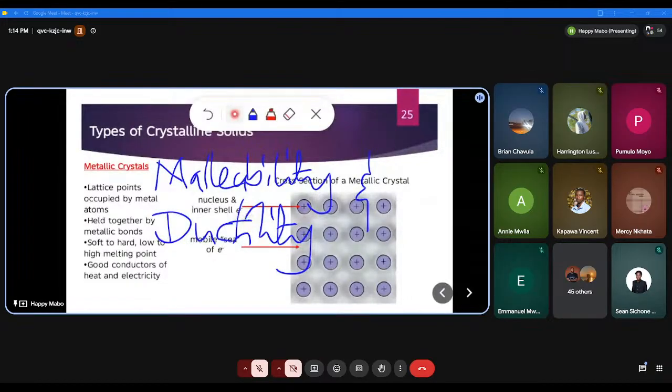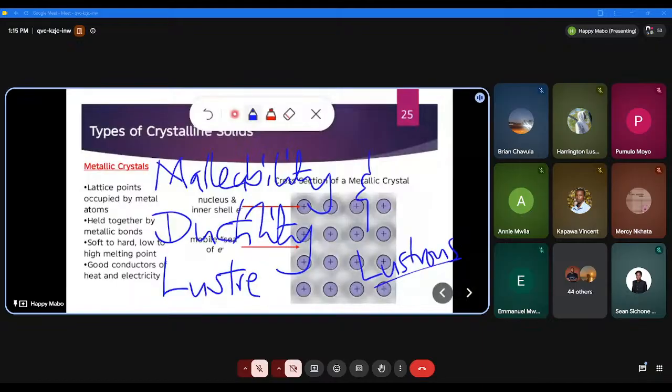Another very important property that metals have, which you might be asked to explain, is that metals are said to be lustrous. Or maybe we give you the noun version of the word, luster. We say metals are lustrous, you're trying to describe their nature. So why are metals lustrous?